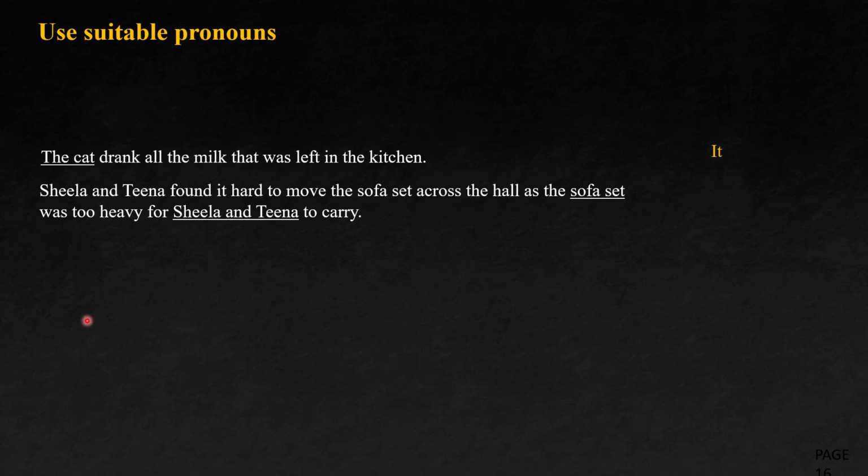Sheila and Tina found it hard to move the sofa set across the hall as the sofa set was too heavy for Sheila and Tina to carry. Now when it comes to the sofa set, it's a thing. So you can have it as "it was too heavy for them to carry."